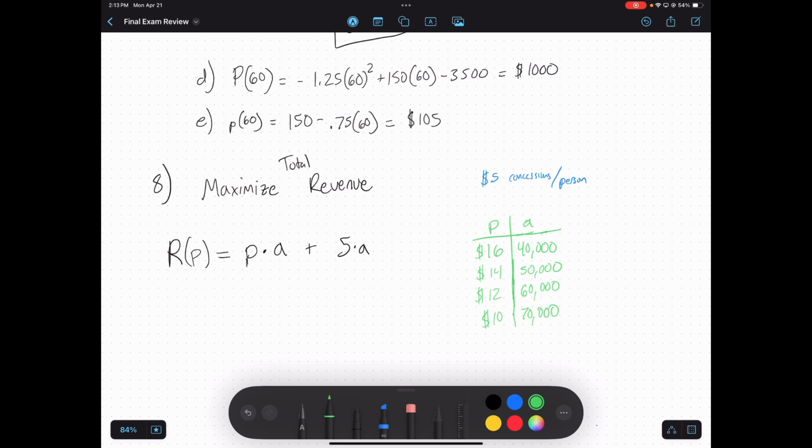So, how does A depend on P? Well, take a look at this table. What type of relationship is this? It's linear. Which means I should be able to solve for the slope. What's my slope?